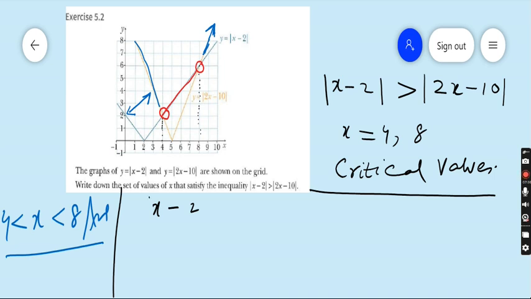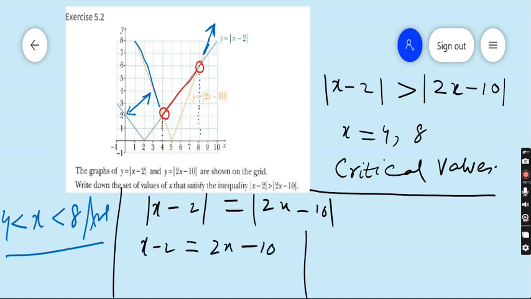x minus 2 equals 2x minus 10. First, in the algebraic method, you have to put an equal sign instead of the inequality. So x minus 2 is greater than 2x minus 10, but in the algebraic method you have to put an equal sign. Now whenever you drop the absolute value sign, the first time you take the value positive, and then x minus 2 you take negative.